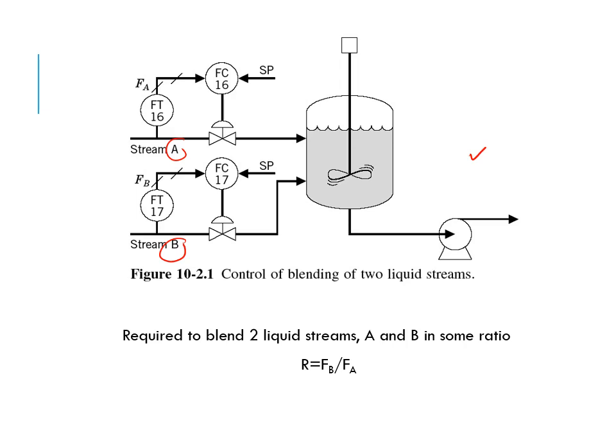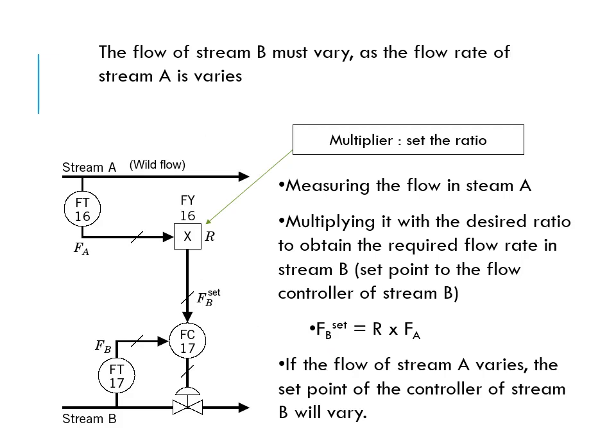The ratio given here is R, equal to the flow rate B divided by flow rate A. To apply a ratio controller, the flow rate of stream B must be varied as the flow rate of stream A varies.